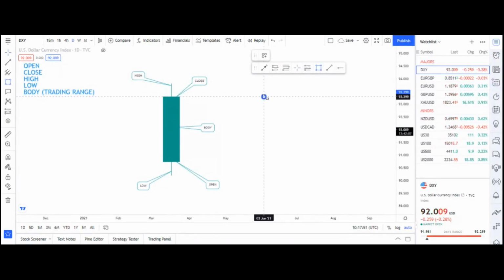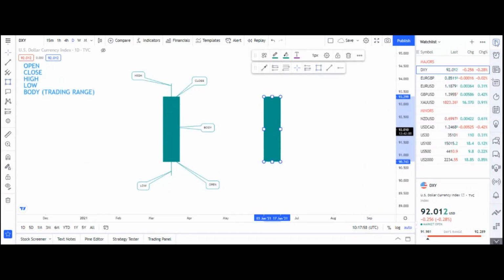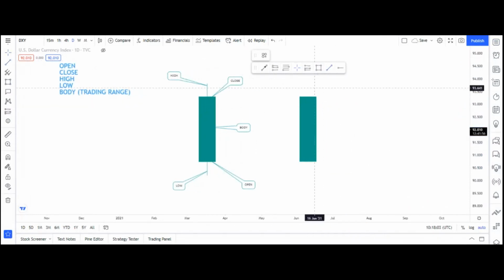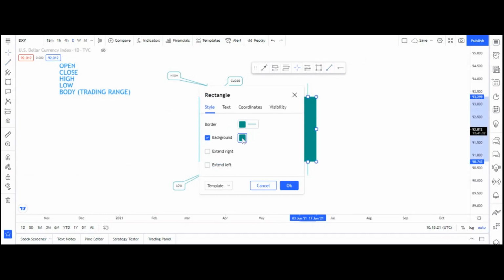Let me draw out a bearish candlestick. Okay, so I'm trying to draw out a bearish candlestick for you guys.